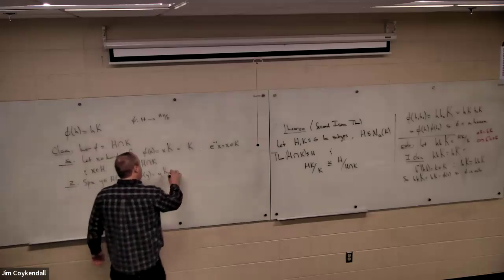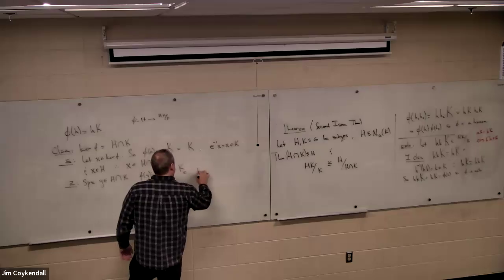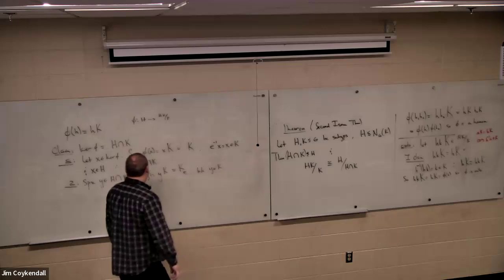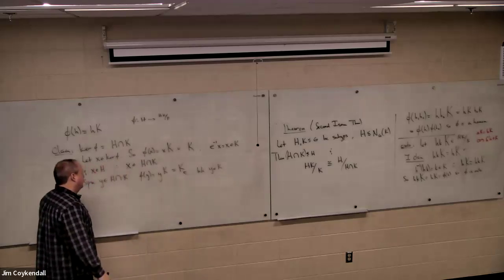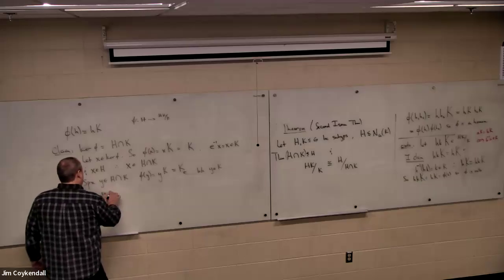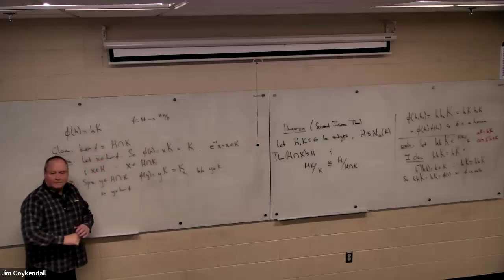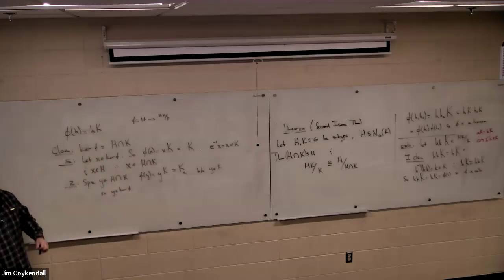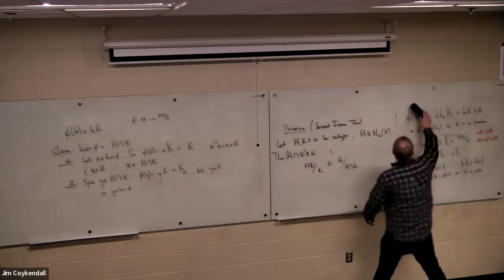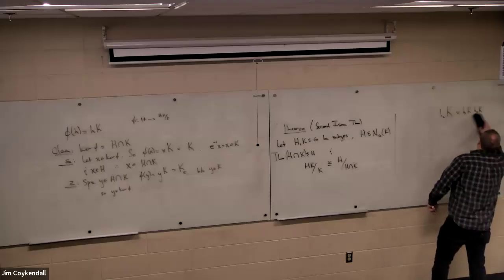But this is equal to K, because Y is in K. So Y is in the kernel of phi. So what we've shown is that the kernel of this homomorphism is exactly H intersect K.